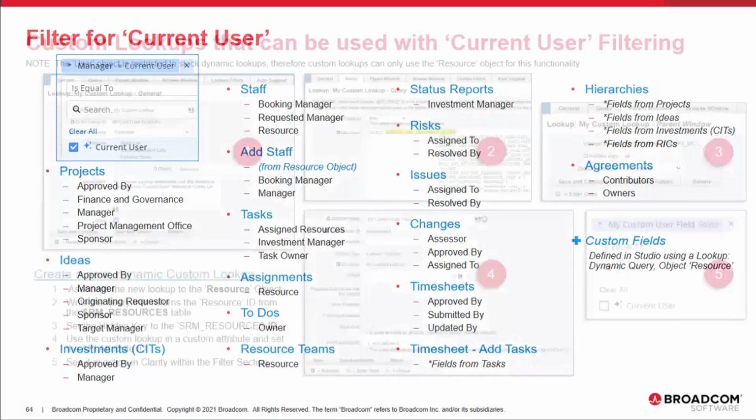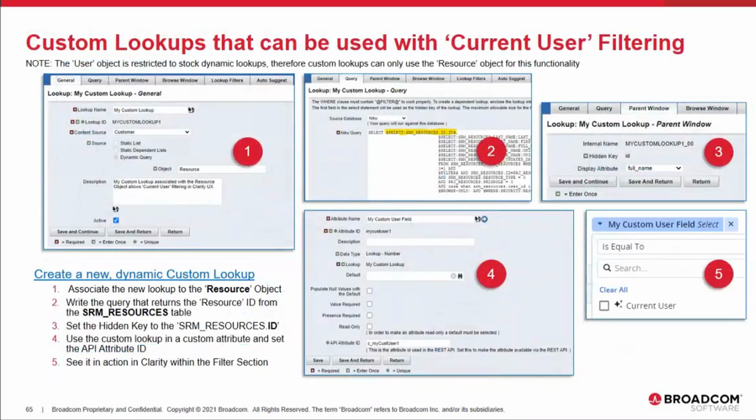The criteria for the custom fields is as follows. Any custom lookup that is created should have been created with the object resource. The primary ID for that query should have the resource ID, and that's what should be the hidden key for that lookup.